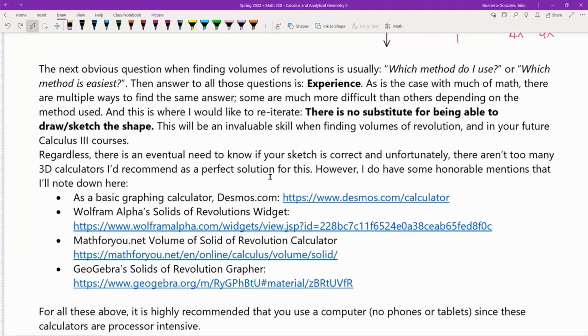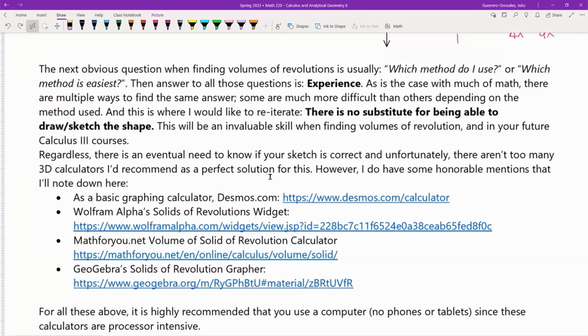It still requires your verification, and it still requires you to be able to picture it in your mind. There isn't one good spot for a 3D calculator or 3D visualization for any one of these shapes, unfortunately.